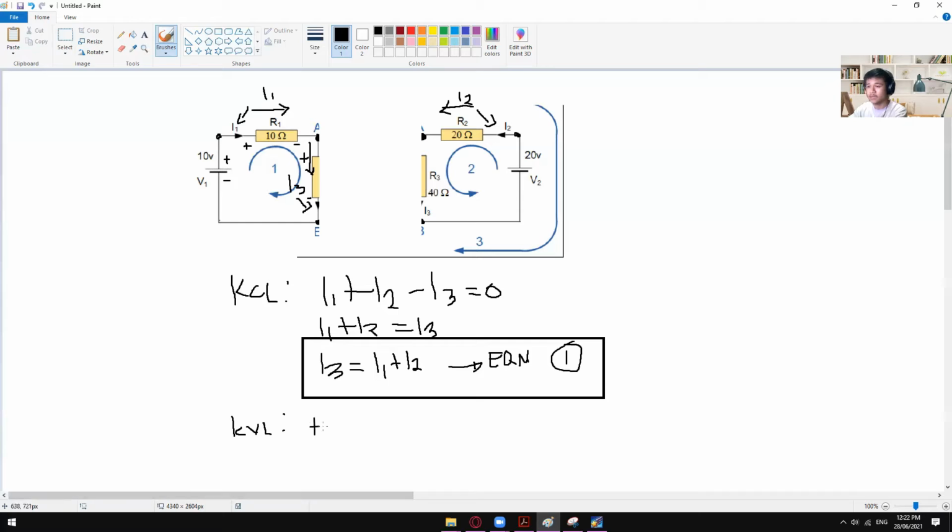So I will get positive 10 volts, followed by the voltage drop on R1. How do we get the voltage drop on R1? Going back to our equation, we have V1 is equal to I1 times R1. That's the equation we're going to use to get the voltage drop on R1.